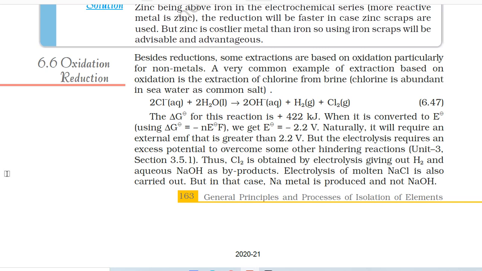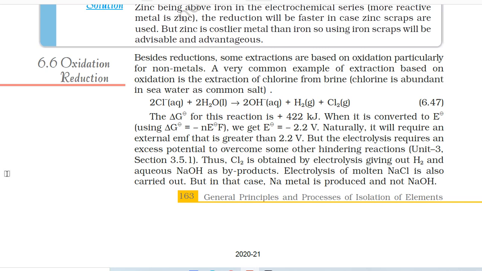The ΔG° for this reaction is +422 kJ. When it is converted to E° using ΔG° = -nE°F, we get E° = -2.2 V. Naturally, it will require an external EMF greater than 2.2 V, but the electrolysis requires an excess potential to overcome some other hindering reactions (Unit 3, Section 3.5.1).